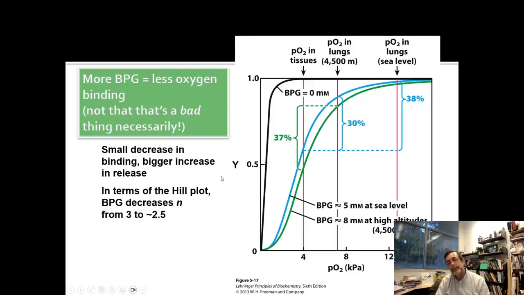So when you make more BPG, you do bind less in the lungs, but you bind much less in the tissues. That means you're back to using more than a third of your hemoglobin, 0.37 rather than 0.30. And that means your hemoglobin is good enough to help you catch your breath.